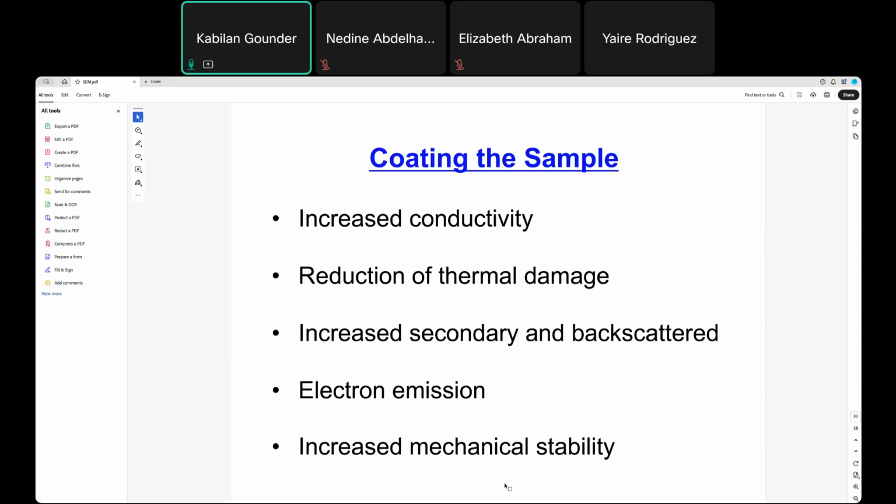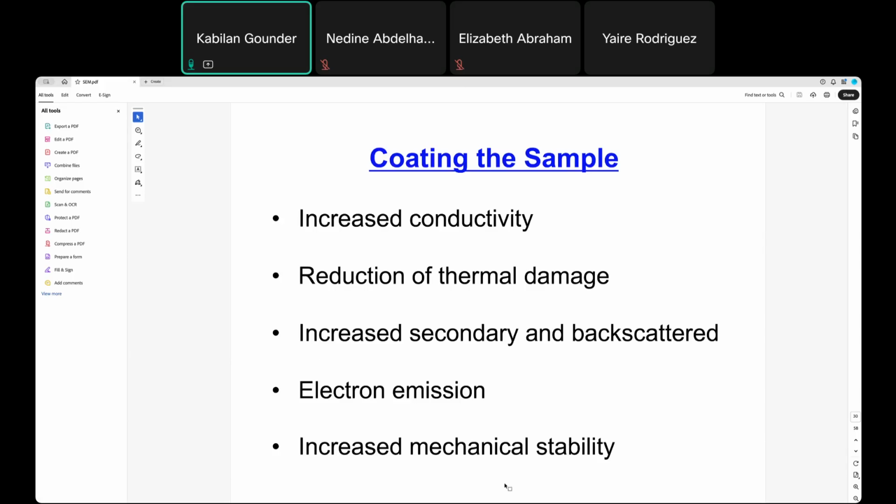It gives increased conductivity and also reduces thermal damage. If you coat the samples with carbon or gold particles, that gives you a deposited thickness that protects against thermal damage when the electrons are striking the samples.